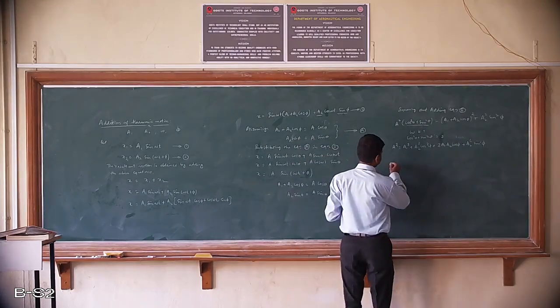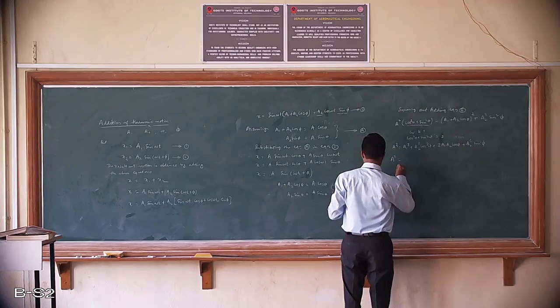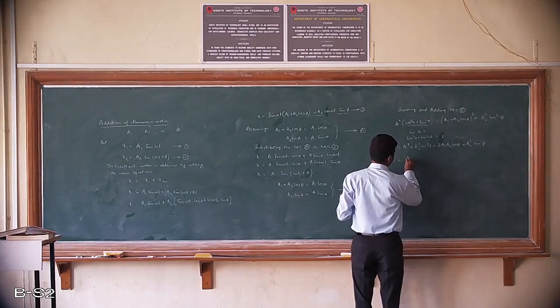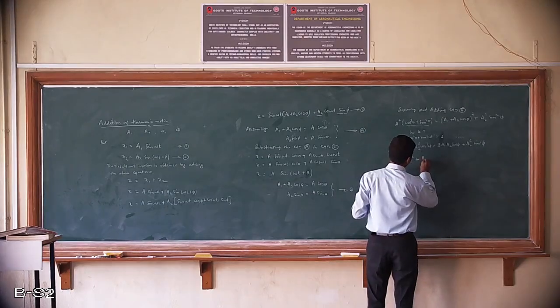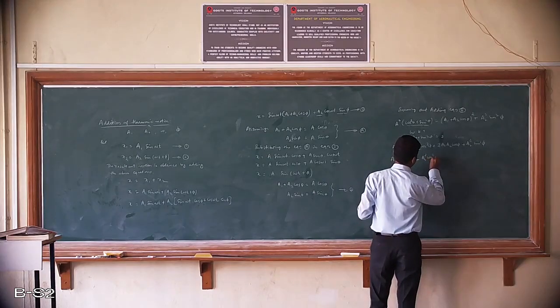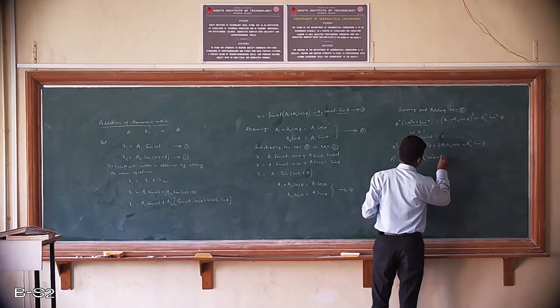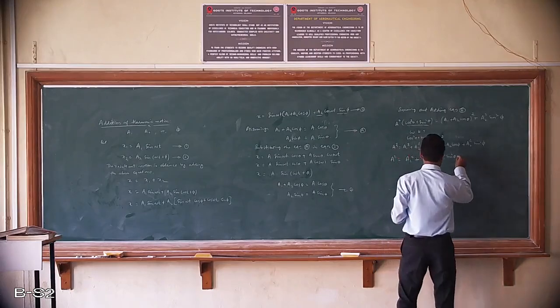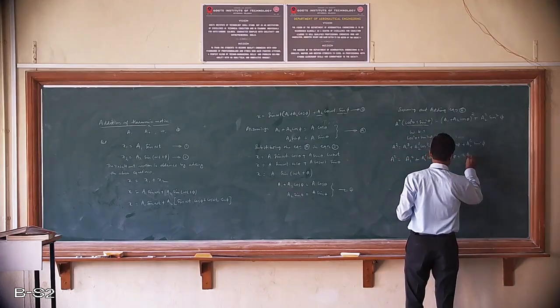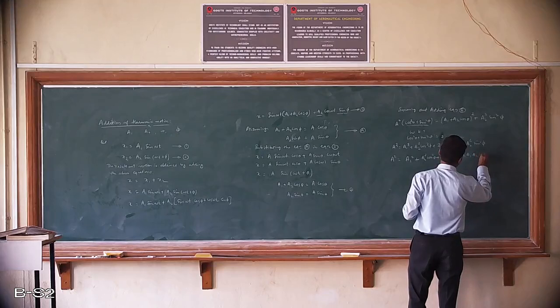Therefore a square is equal to a1 square plus a2 square cos square phi plus a2 square sin square phi plus 2 into a1 into a2 into cos phi.